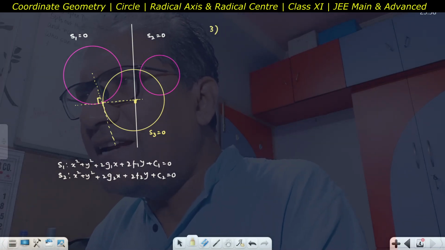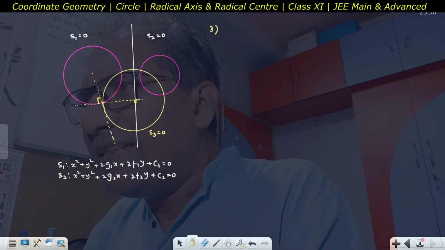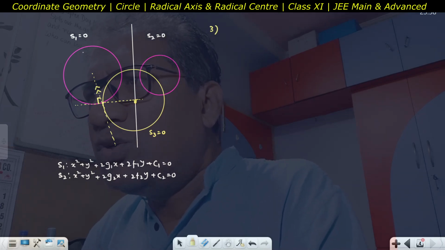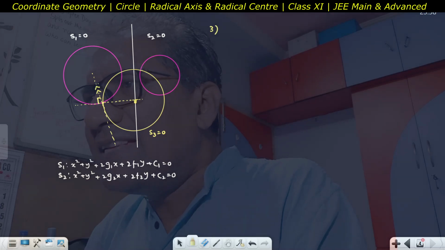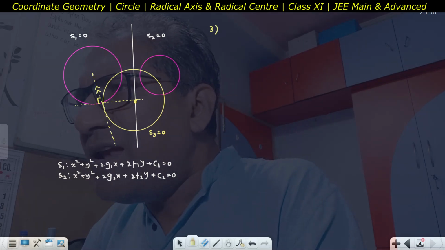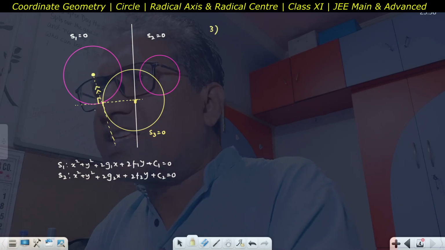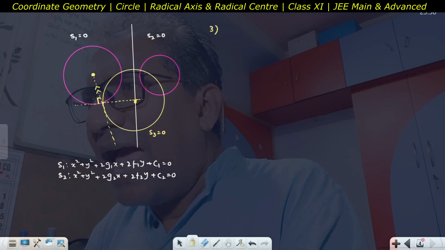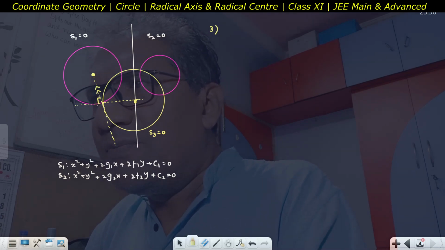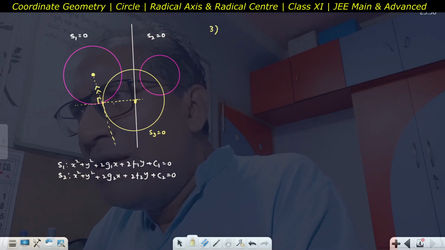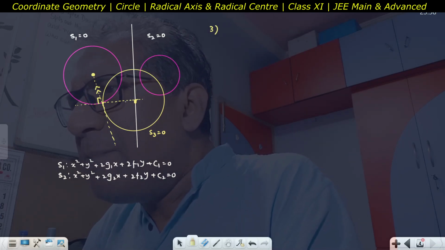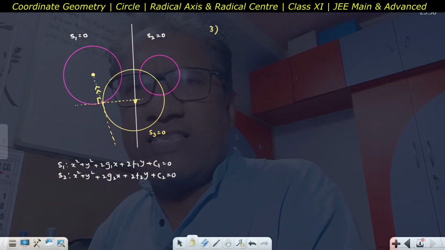It means that this line, the tangent to S3, will become normal to S1. That is, this line is definitely going to pass through the center of S1. Similarly, the tangent to S1 will become the normal to S3. Hence, it is definitely passing through the center of S3.